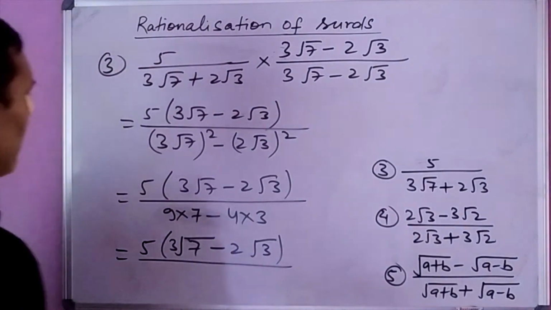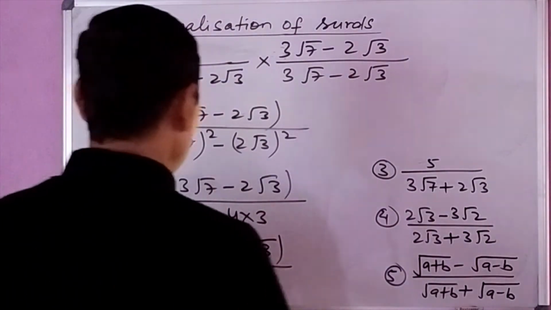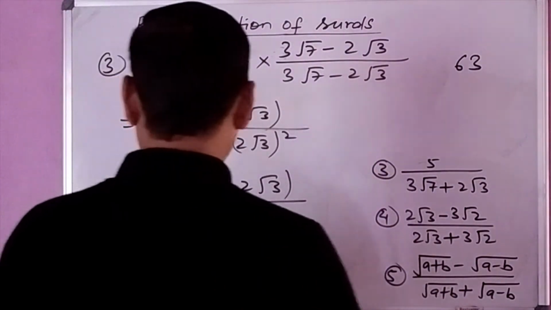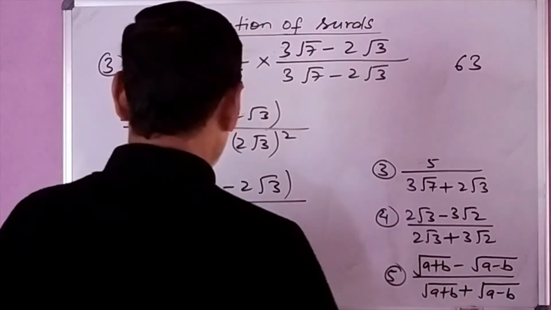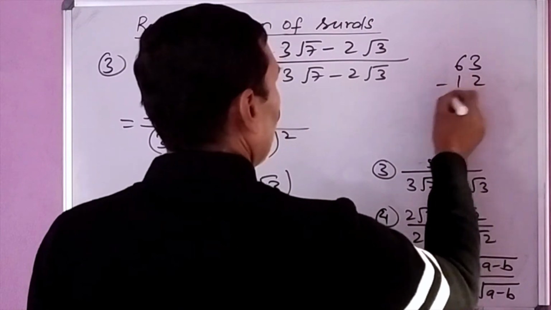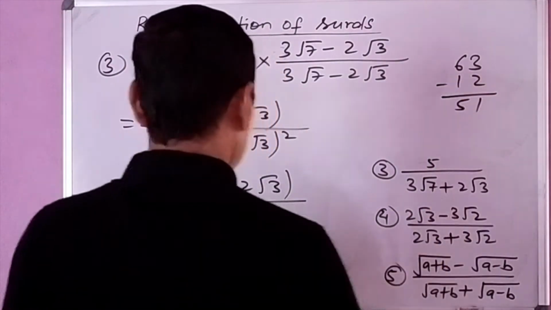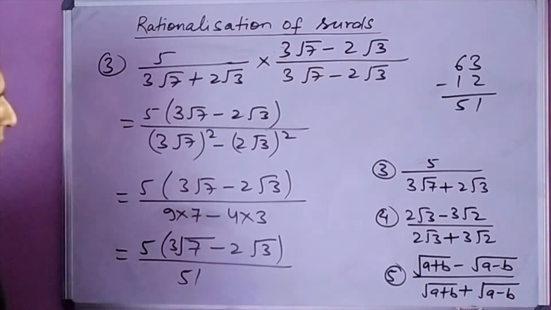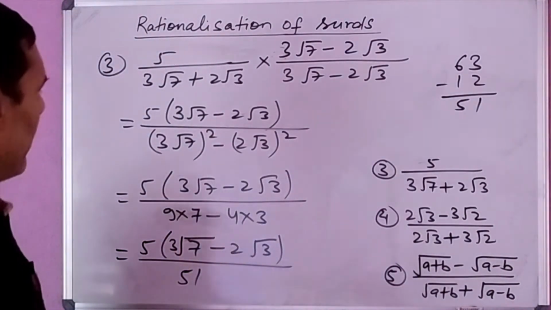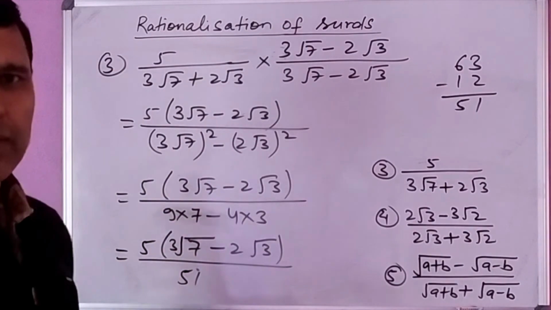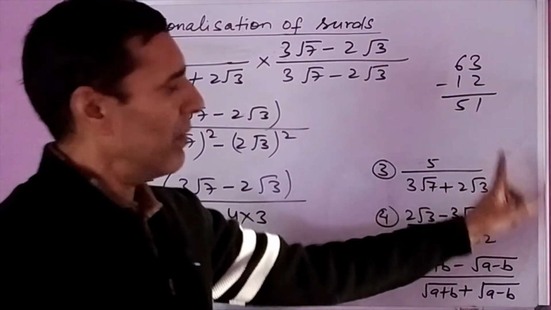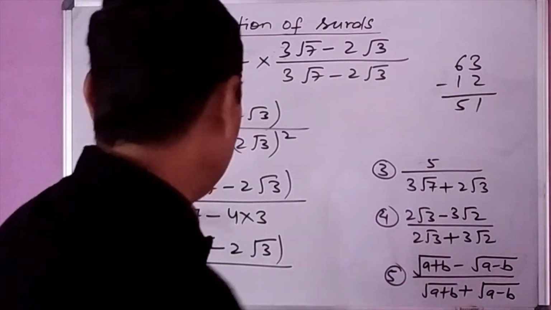So it is 63 minus 12, it gives 51, upon 51. Further we cannot do anything. So we leave its answer as it is here. The main thing here also is that we have rationalized the denominator.